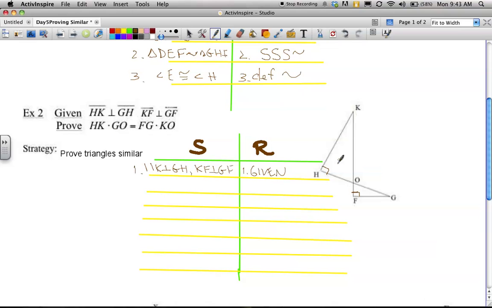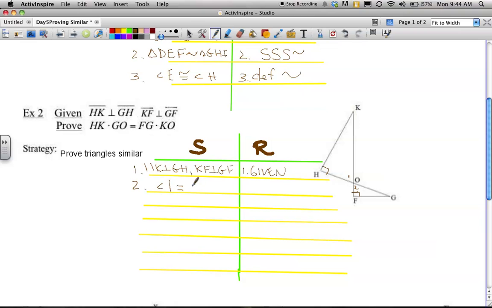And that's pretty straightforward because we know angle H equals angle F, which is 90, by definition of perpendicular, and angle, this little angle, I'll put this a 1 and put this 2, HOK is equal to FOG by vertical angles congruent. So we go through and do these steps.